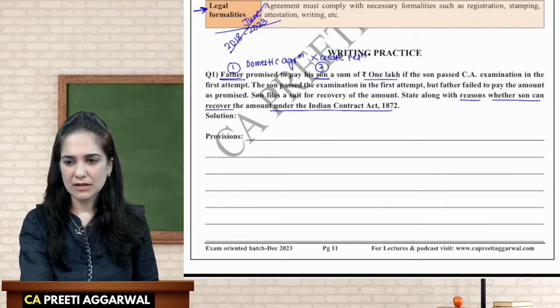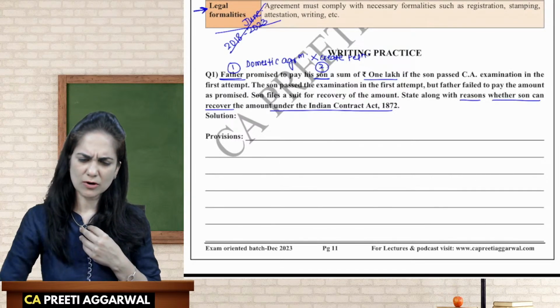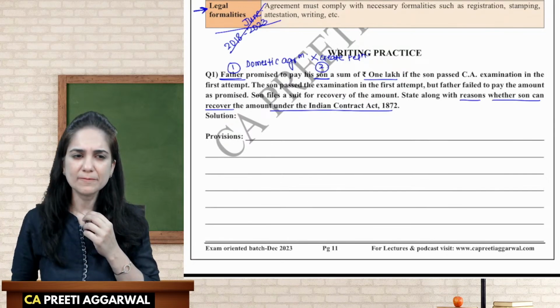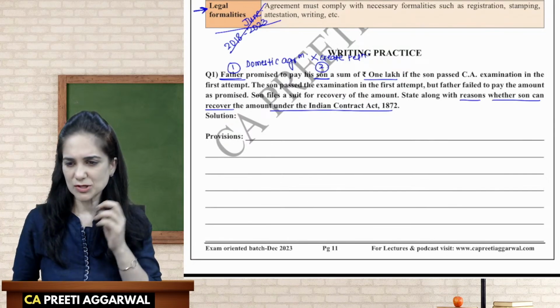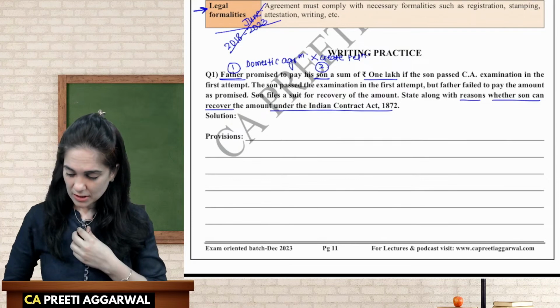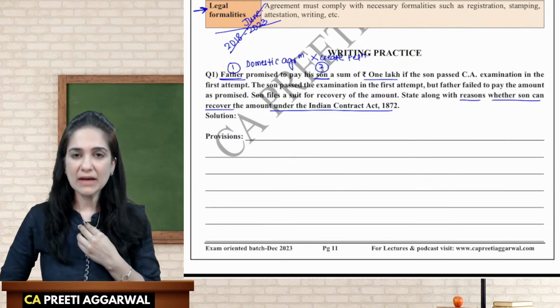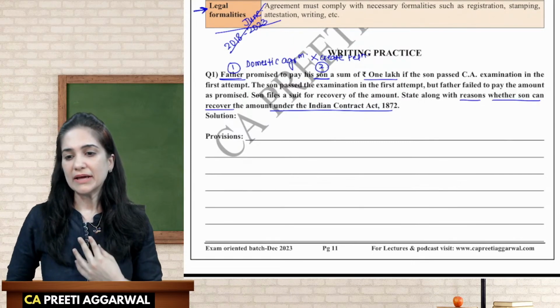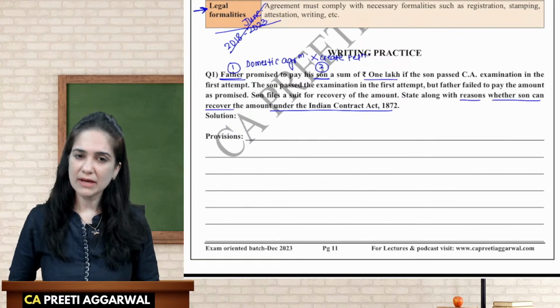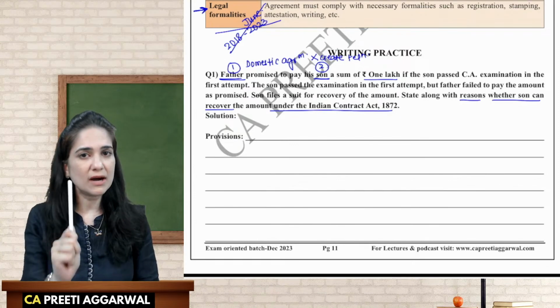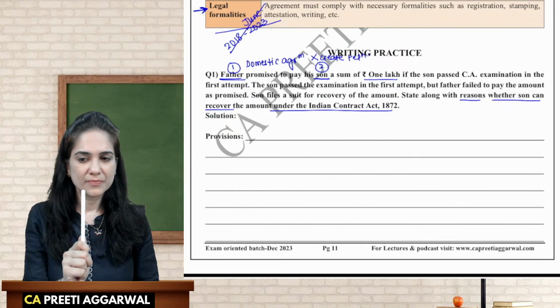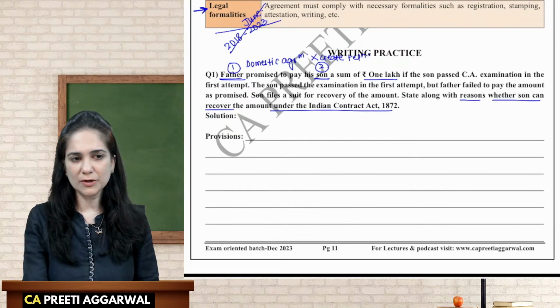Okay. Contract is not written, but is the contract required to be in writing? Is it compulsory that it has to be in writing? No. Is writing of the contract the main argument in this case? You are missing out on the main point. What is the main argument over here?